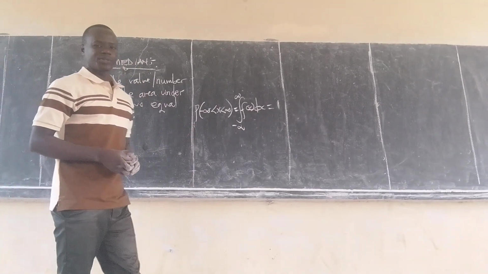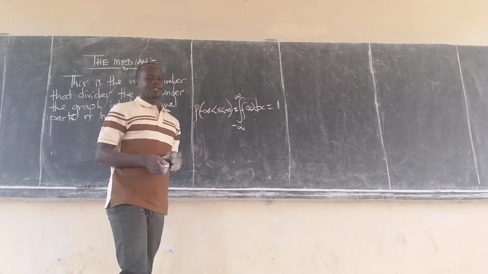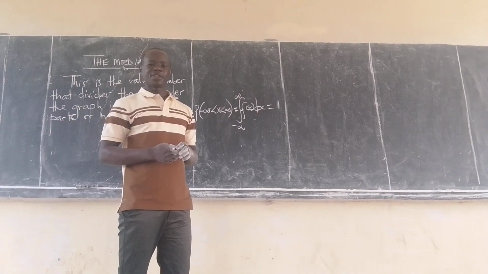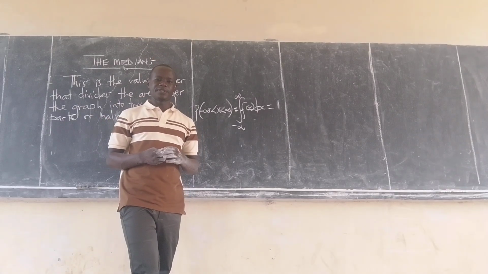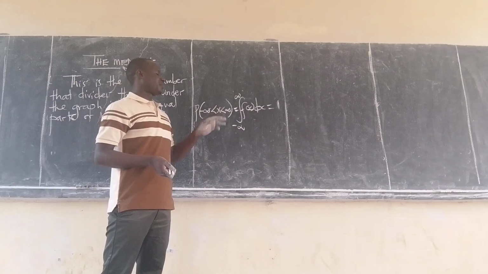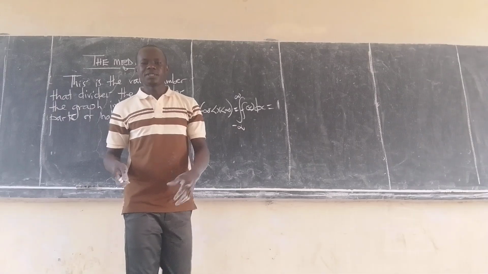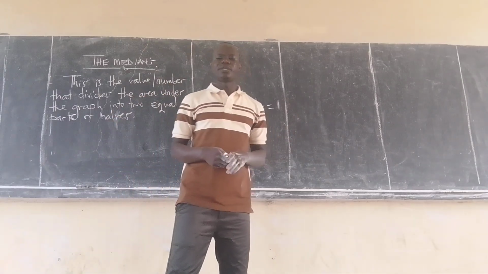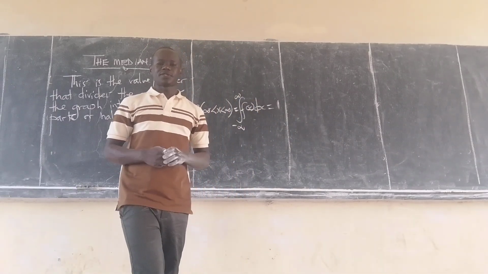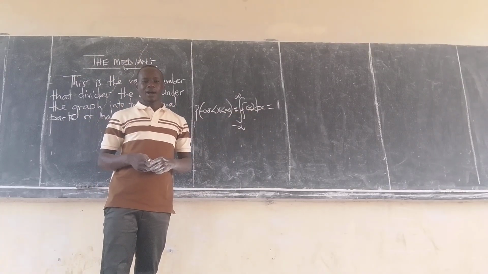Now I want to introduce something very small: if you have the median and you want to find the probability, when you integrate from negative infinity up to the median value, you will not get a 1, because the median must divide that total probability into two equal halves. So we shall expect the probability to be a half.